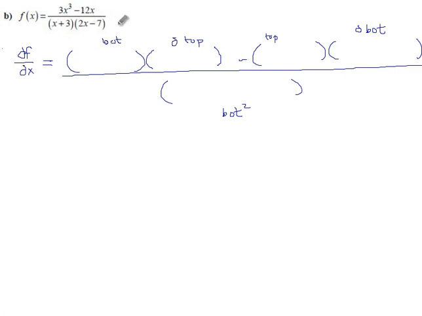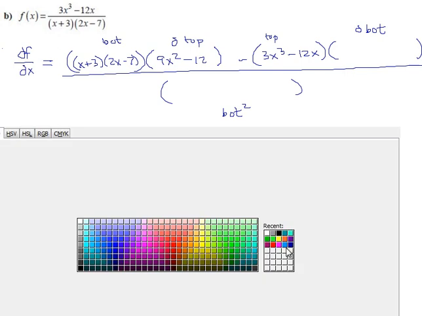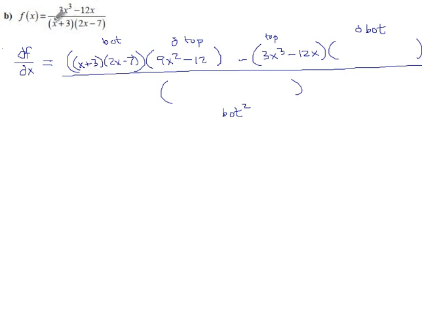So let's go through and fill this out and see what we can do with it. The bottom is x plus 3 to x minus 7. Unchanged, you just copy it. Derivative of the top, what do we have? 9x squared minus 12. Minus the top, just copy it. Times the derivative of the bottom, and now this is where the second rule kicks in, because when we go to do the derivative of the bottom, we look at the bottom and say, wait, that's a product.